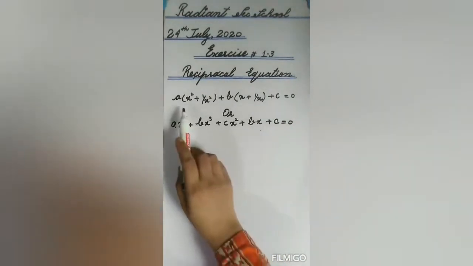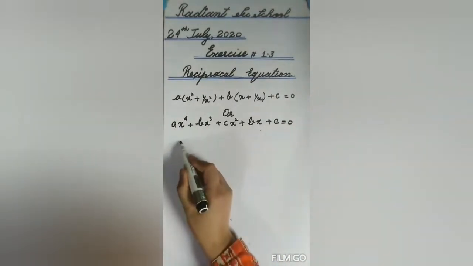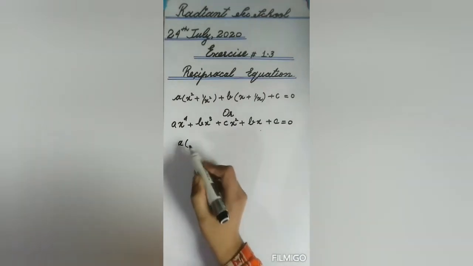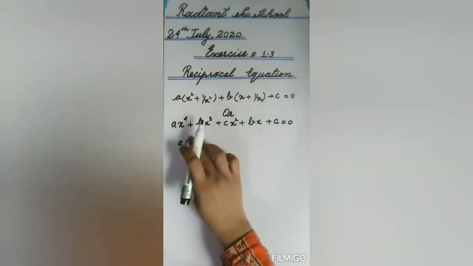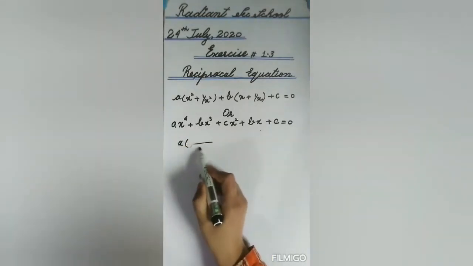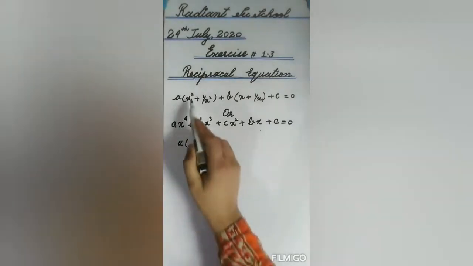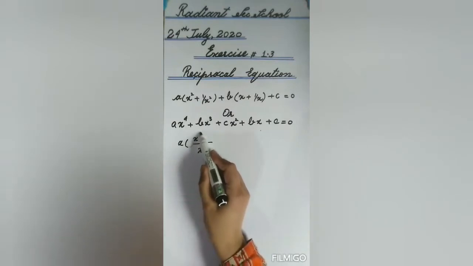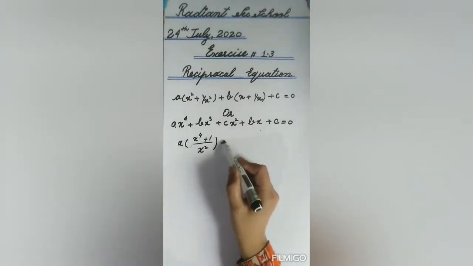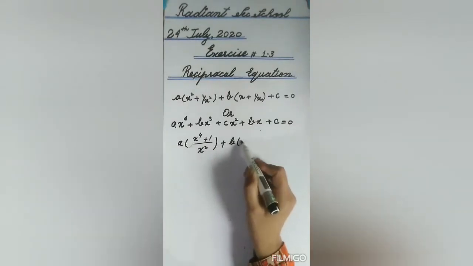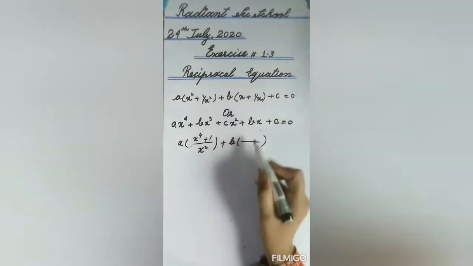Okay students, now I am going to take this equation, I will take LCM, and then I will check what type of equation it becomes. If I take LCM here, it becomes x square. When x square is multiplied with x square, it becomes x4 plus 1, plus b into, what will be the LCM for both of these terms?